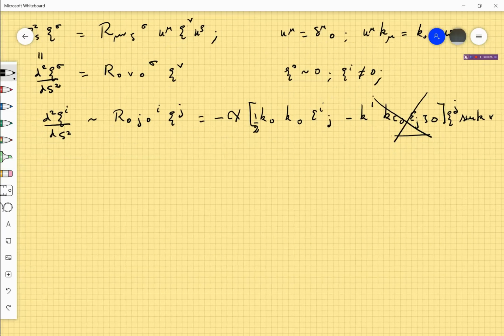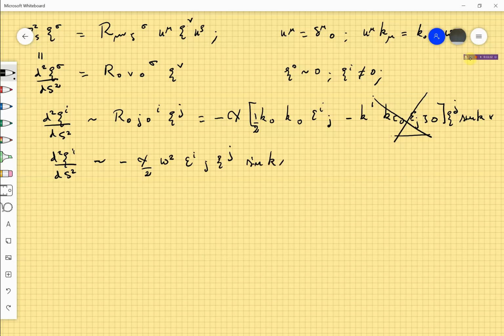So if I write this to get a cleaner equation, this is minus chi over 2, then k0, but k0 is omega, so this is omega squared, epsilon ij psi j sine kx.